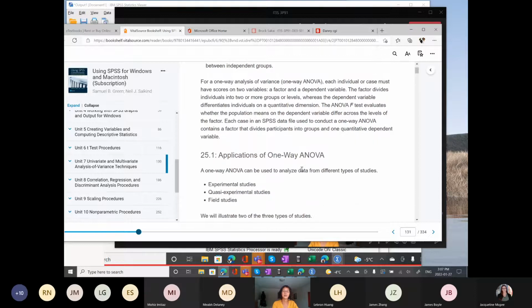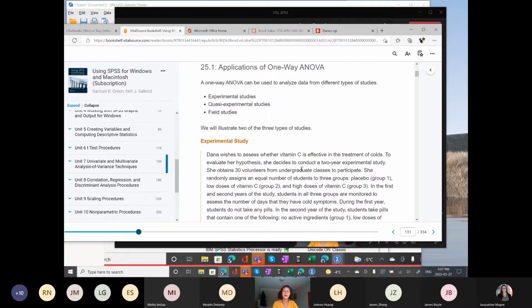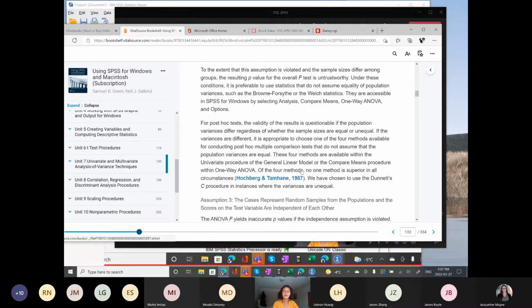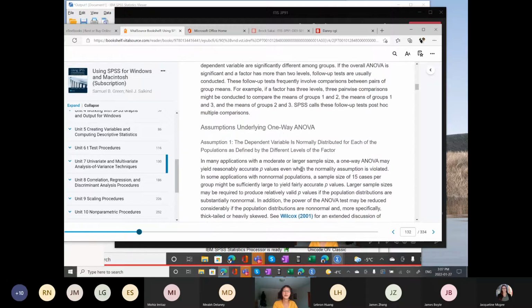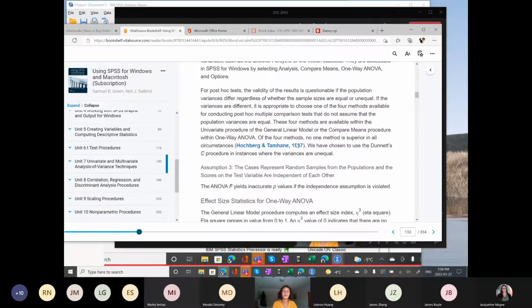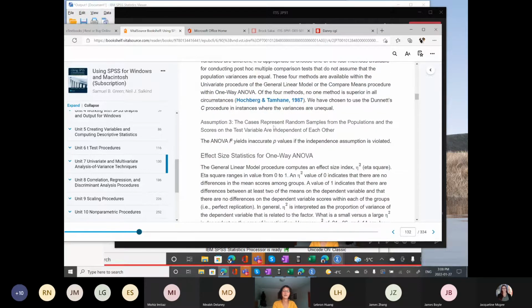One-way analysis of variance is to compare three or more population means. There are some assumptions. One is dependent variables are normally distributed. And the variances are the same for all populations. That is assumption 2. Assumption 3, data are random data.